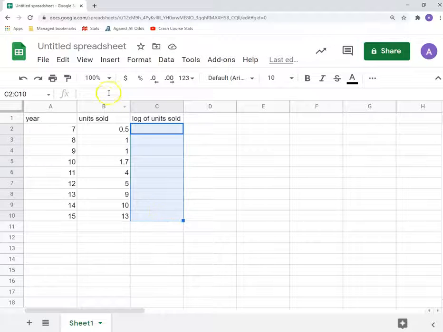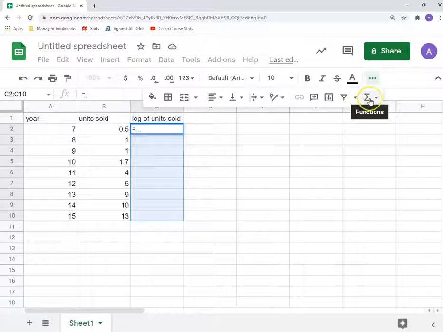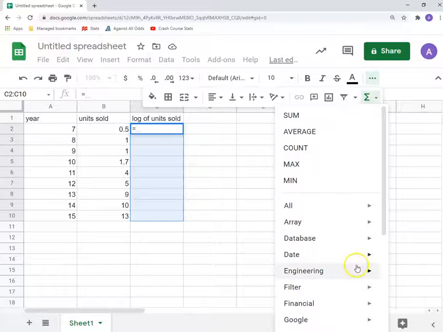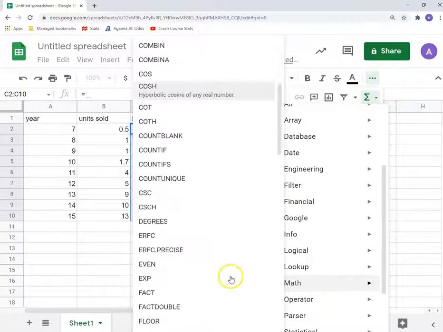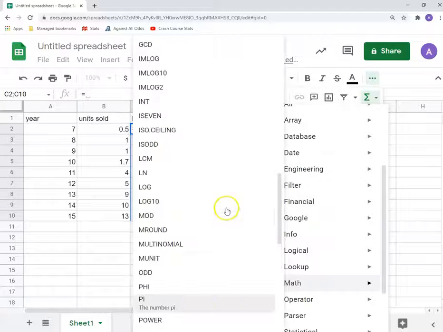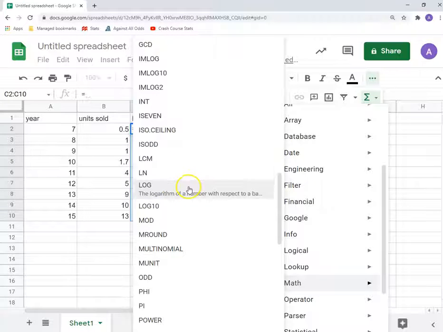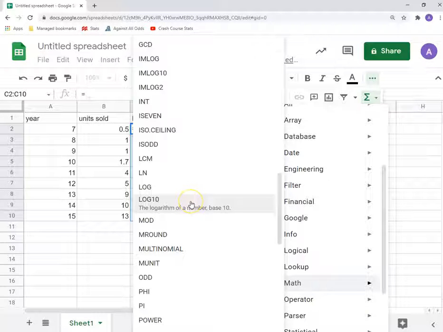So highlight your column. In the formula bar, you're going to put equal. On the very far right of your toolbar, you're going to have the sigma notation. Click into there, go down to math, and then go to the L's. There's natural log, and log which allows you to change the base, if you're working in something other than base 10, or log with the 10 behind it.